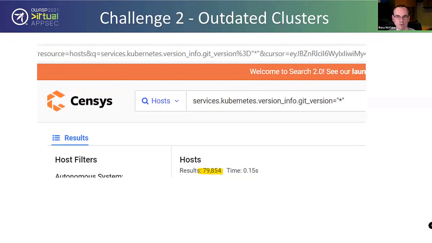It's a Kubernetes default, and some of the major cloud providers keep that default. What that means is you can query a lot of Kubernetes clusters and ask for the version information that's running, so you can find out whether they're outdated or not. It comes back with about 79,000, so just under 10% of clusters have this option enabled. And so we can assess the problem.